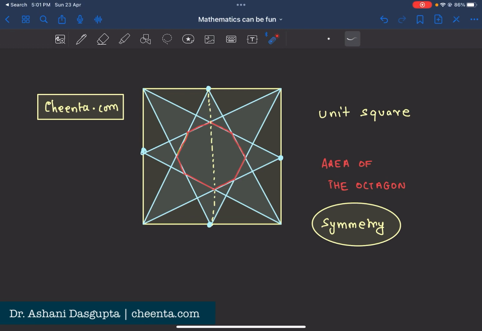Then let's draw the other midline of this square. So if I can find the area of this region, then the area of the octagon is 4 times the area of this region. In fact, I can divide it up into 2 pieces.